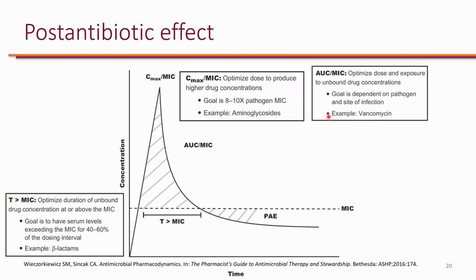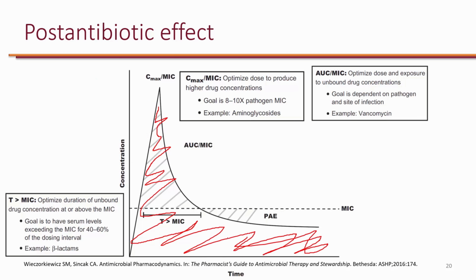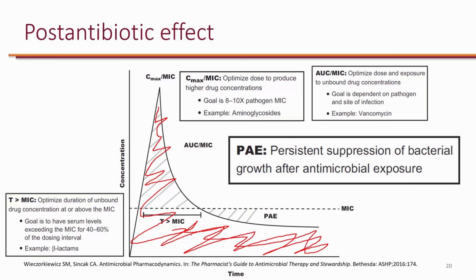And then we have the concept of AUC to MIC, which we will talk about more when we talk about vancomycin. AUC to MIC is primarily used for vancomycin, and that's basically the area under the curve. So it would be all of this area. This would be the AUC. Now, another thing that's specific for aminoglycosides is the concept of post-antibiotic effect.